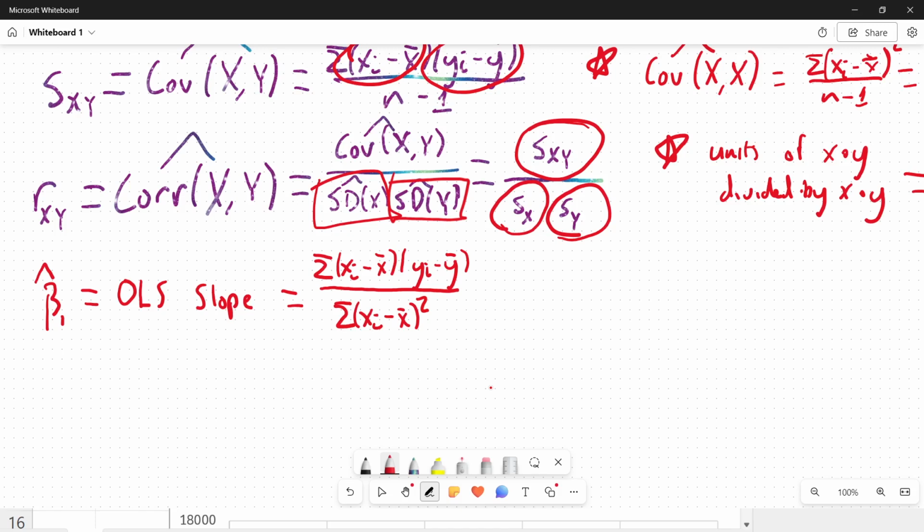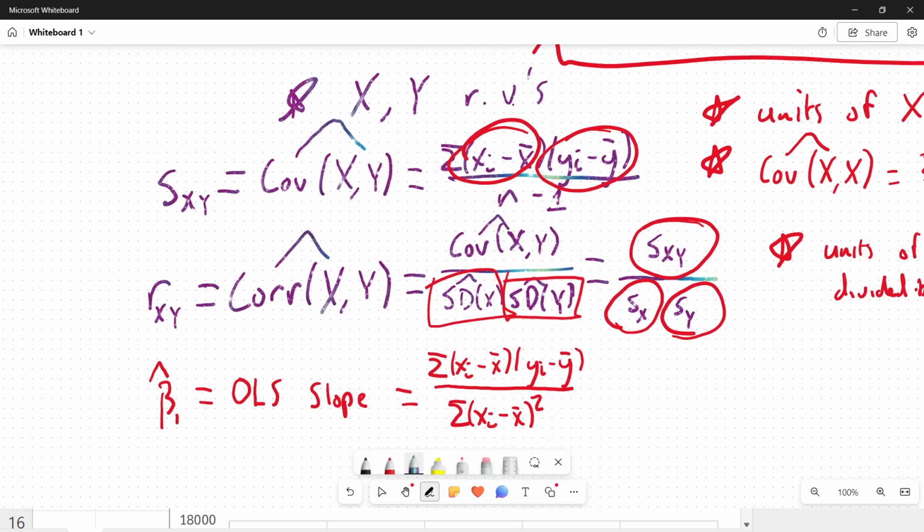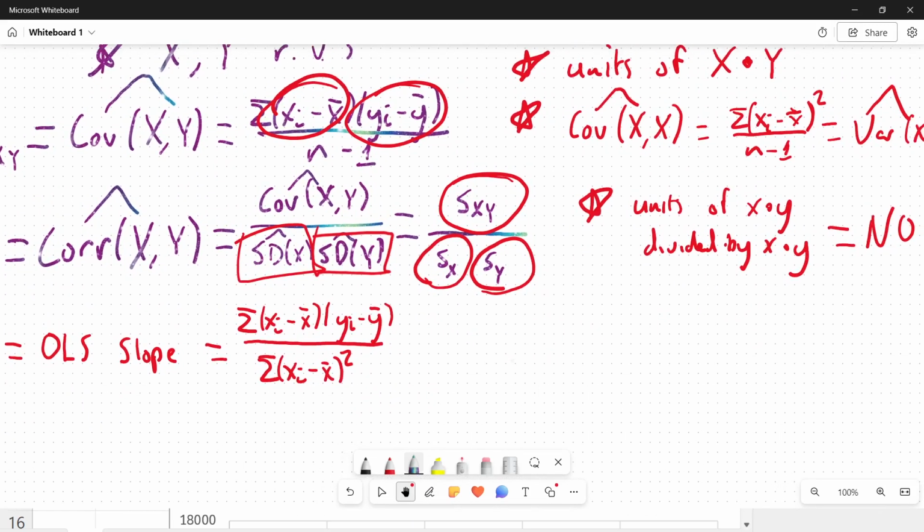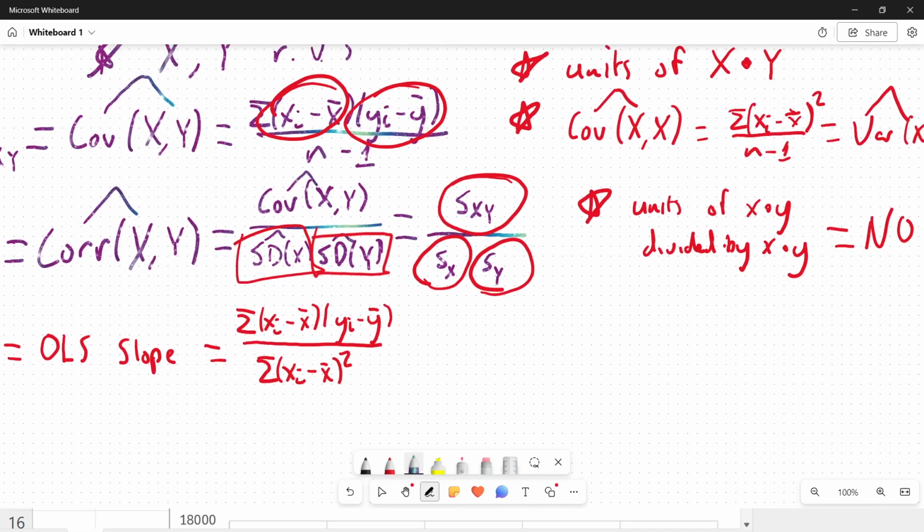If you want to unpack what it is and understand where it comes from in relation to the other two that we have in this cute paradigm right here, three things that make sense together, look at the formula and we'll break it up into a couple of pieces. So this top piece in the numerator looks an awful lot like covariance. It is the formula for covariance, but it's been multiplied by n minus 1.